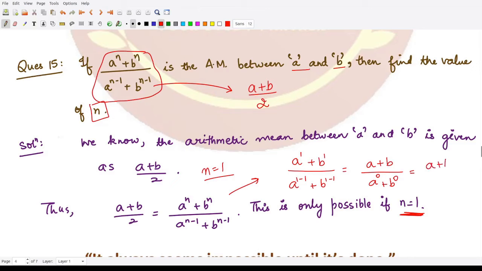Now what is something raised to power 0? That is 1, and b^0 is also 1. So this is equal to (a + b) divided by 2, which is the arithmetic mean of the two numbers a and b. Hence our answer is n is equal to 1.